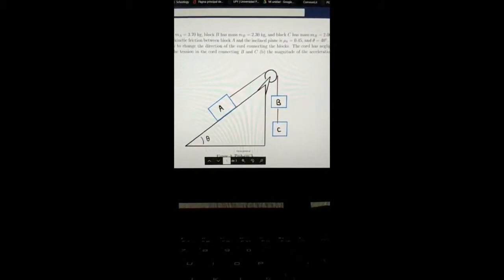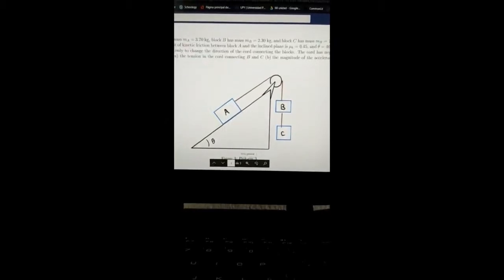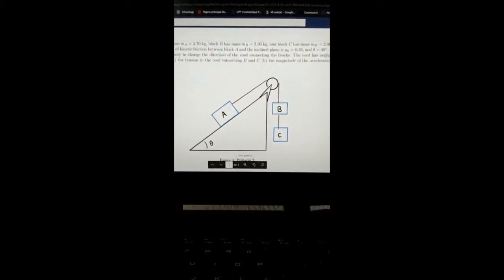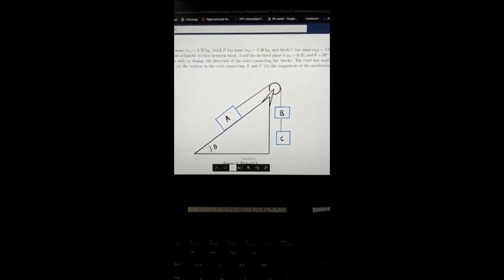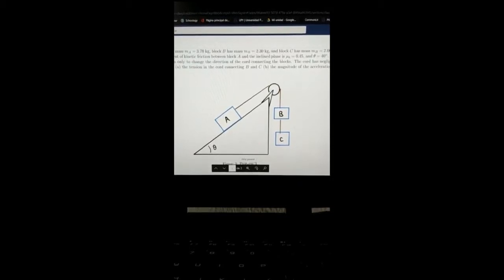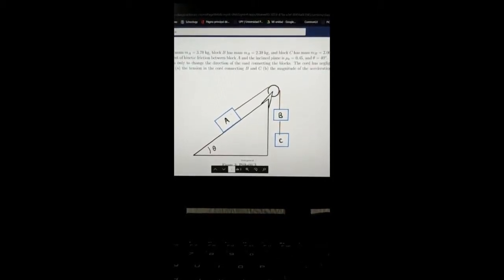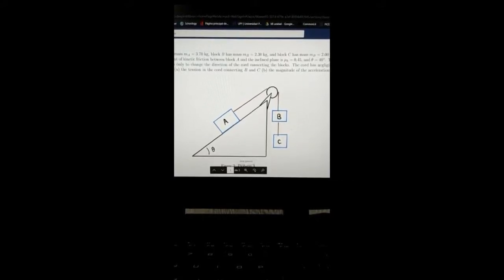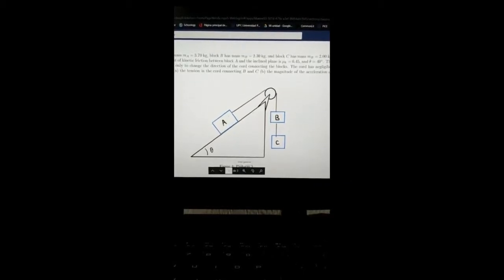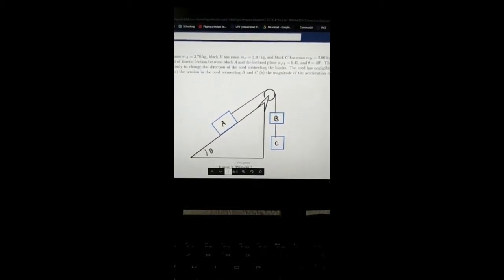The coefficient of kinetic friction between Block A and the inclined plane is 0.45, and theta equals 40 degrees. The pulley serves only to change the direction of the cord connecting the blocks. The cord has negligible mass. Find A, the tension in the cord connecting B and C. And the second question is the magnitude of the acceleration of the blocks.